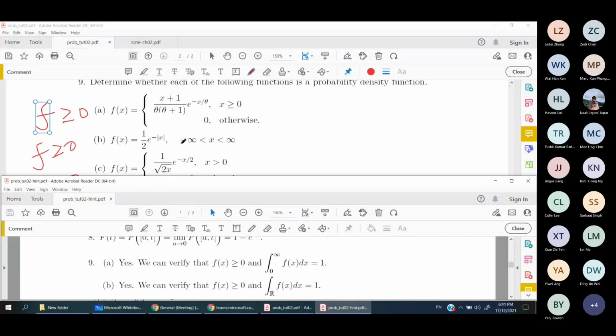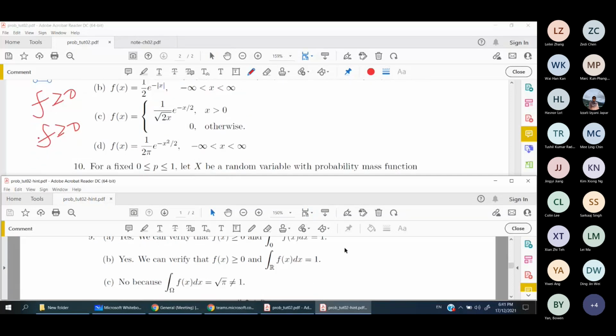The next one is also the same. We can verify f is non-negative, and if we integrate f over the real numbers R, then the value is 1. Again, it's a standard calculus calculation, so I leave it to you.